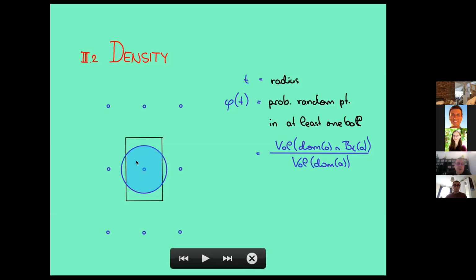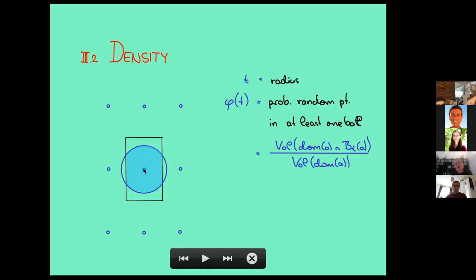And so I shaded the part of this disk that's inside of the rectangle, and then the probability is the volume of this shaded part, namely the rectangle intersected with the disk, over the volume of the rectangle. Okay, so this is a simple formula.